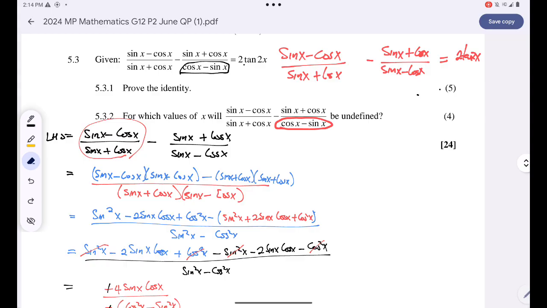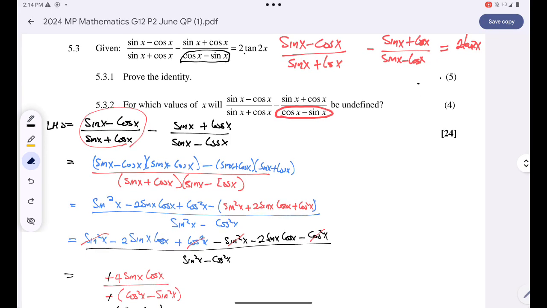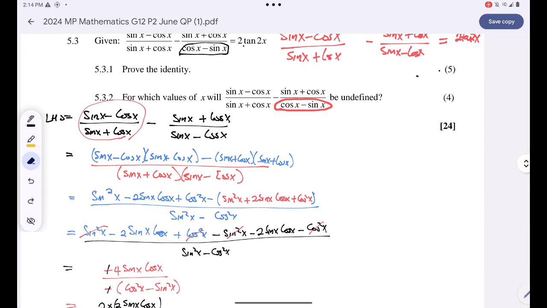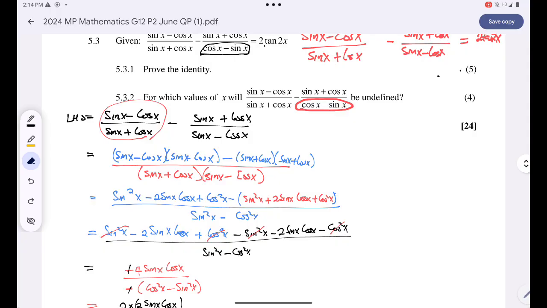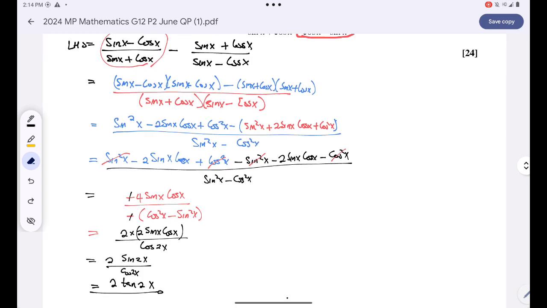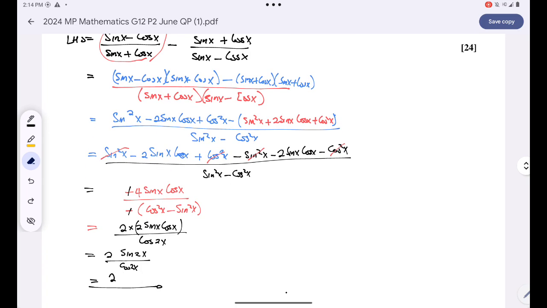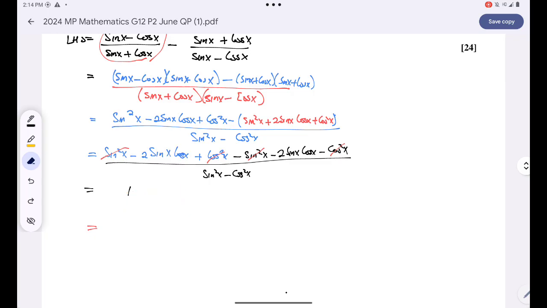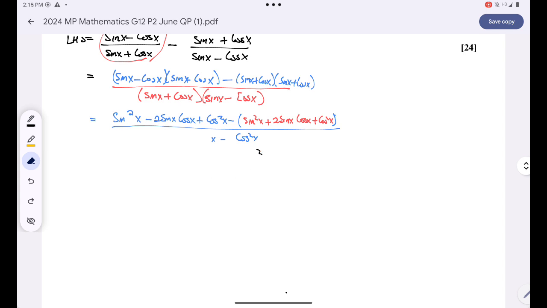Now 5.3.2, they want us to find the values of x for which this identity of ours will be undefined. Our identity will be undefined if and only if our denominator is equal to 0. Remember that the right hand side was just tan 2x. That means our denominator is just cos 2x.